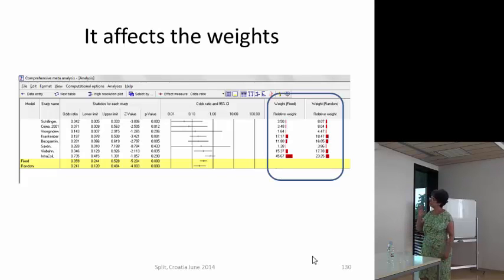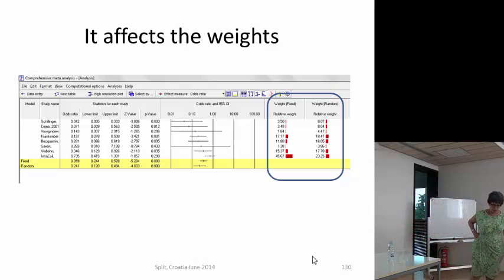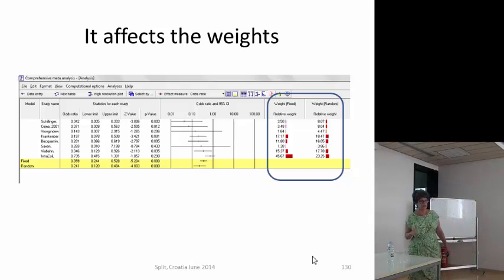Now, we want to know about heterogeneity, in part because it will affect the way we weight the studies. So one of the differences between the fixed effect model and the random effects model: a fixed effect model basically says, I believe there's one true effect underlying all the studies. Okay?